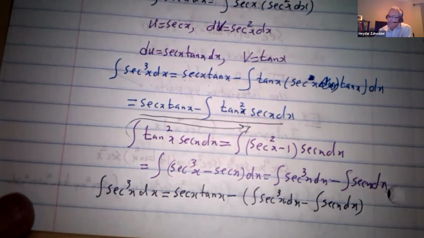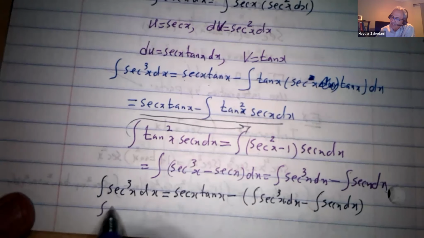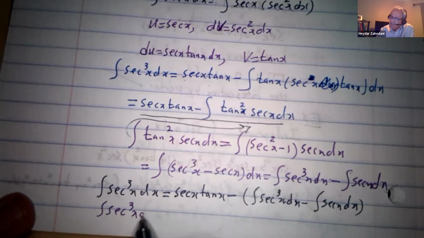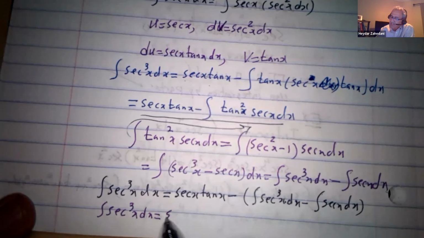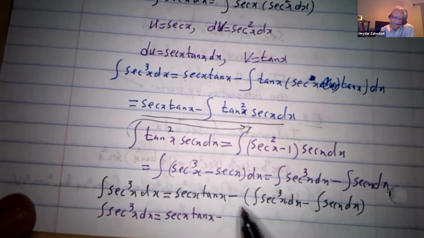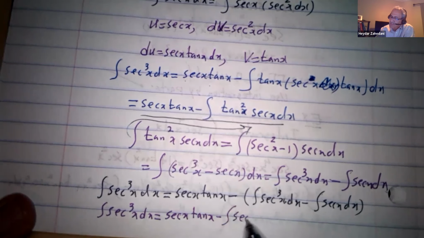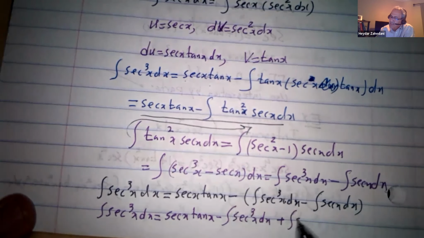A little bit of algebra. You apply this negative sign and then you simplify it. Look at this one. This is what we have here: integral of secant cube x dx is secant x tangent x minus integral of secant cube x dx plus integral of secant x dx.